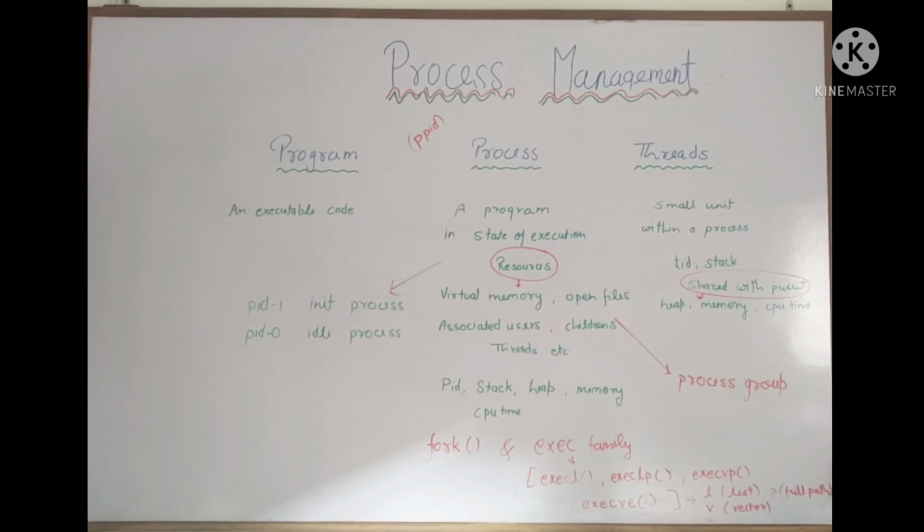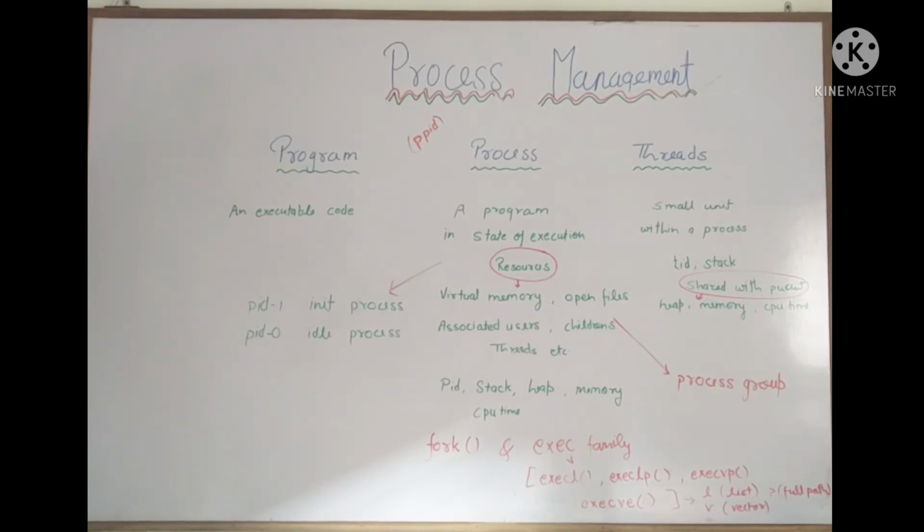Now let's understand threads. As we have seen with fork, a process can create another process, which stands as a parent and child relationship. When a parent and child relationship exists, the process ID, stack, heap, and memory can be different from one process to another, depending on whether exec is called or not. What happens with threads is that threads are handled through libraries.